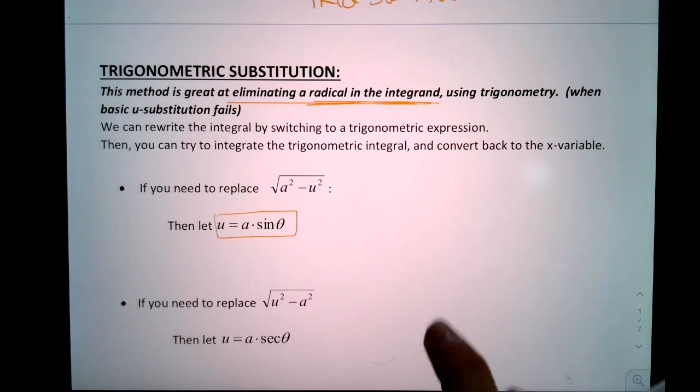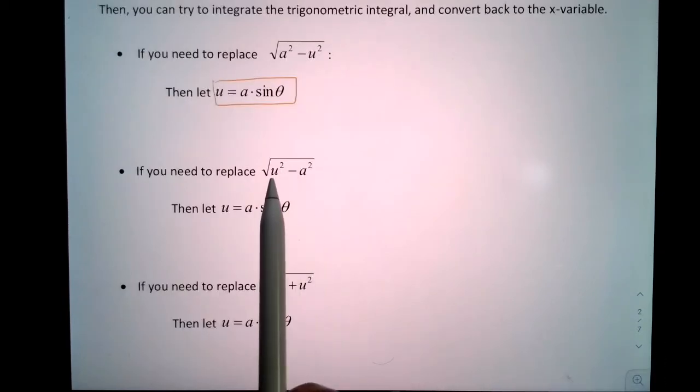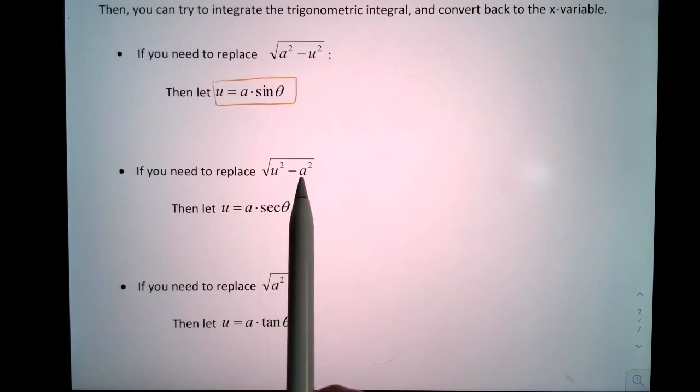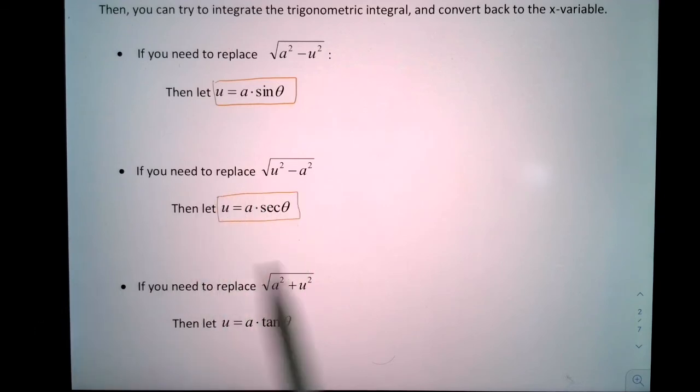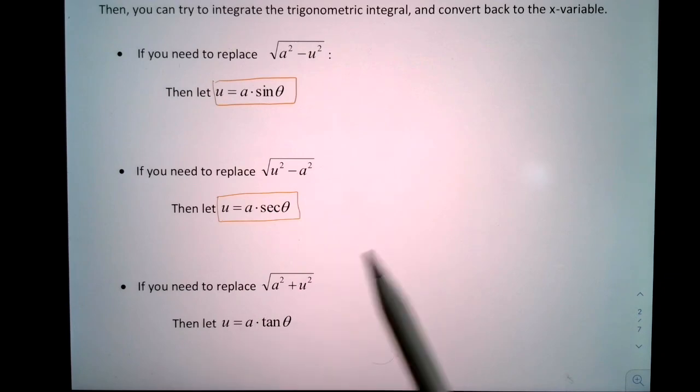Now if I see it reversed, where it's the variable function of x squared first minus a number squared, then I'm going to use the replacement that u equals a secant theta. That's going to work out wonderfully with all of our identities to provide a really good replacement for that integral.